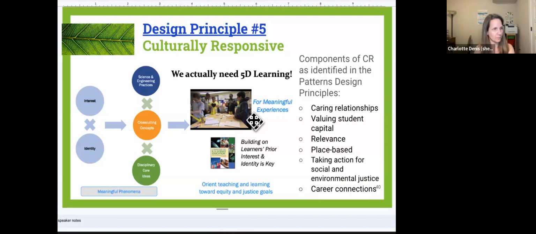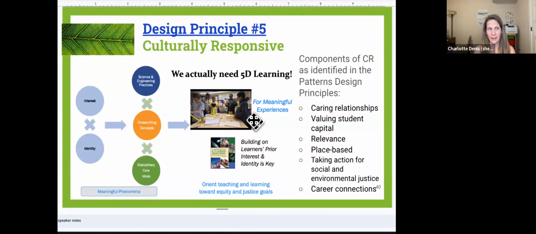I'll have to get that to you. But if you add interest and identity to those three dimensions of the NGSS, you get what people are calling 5D learning.